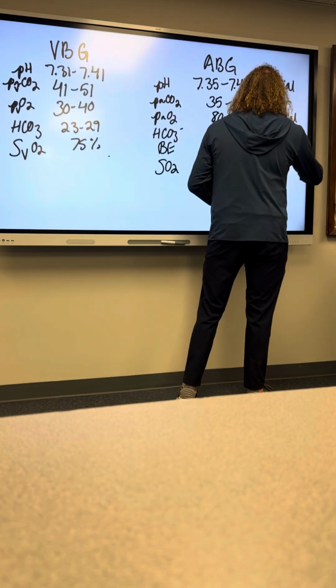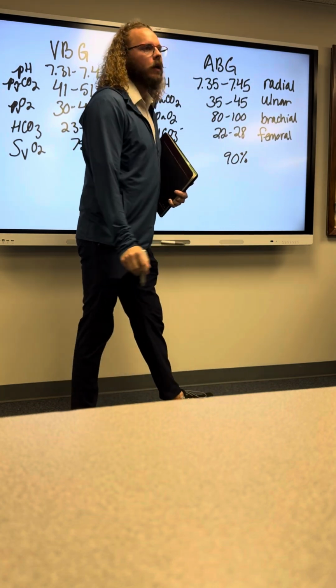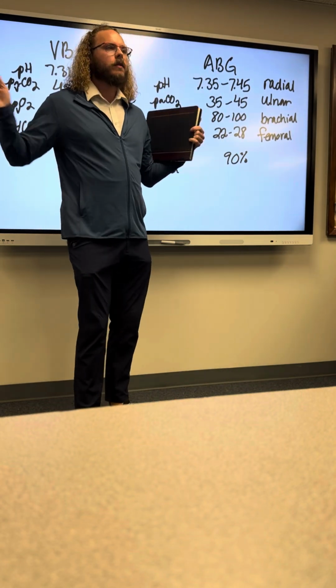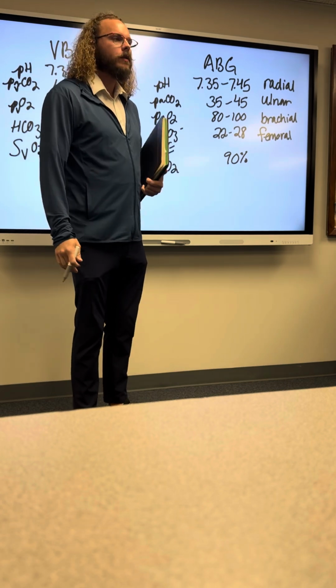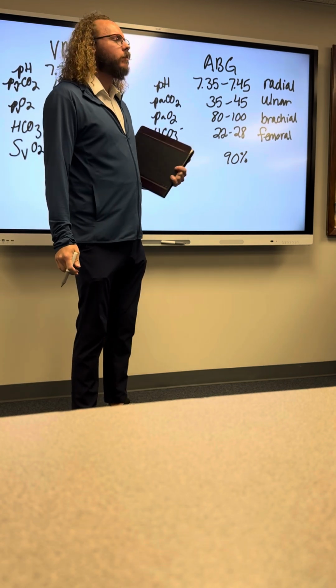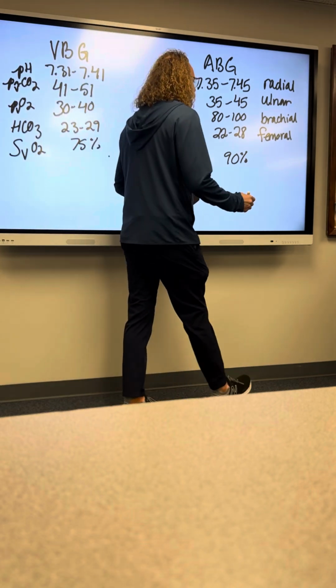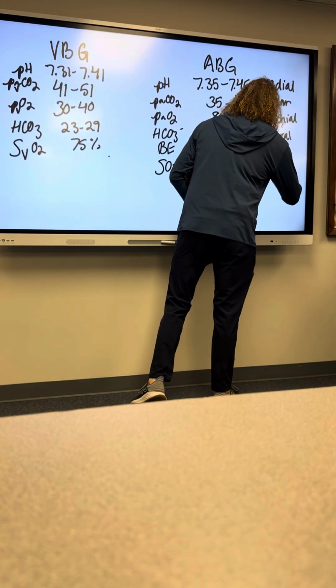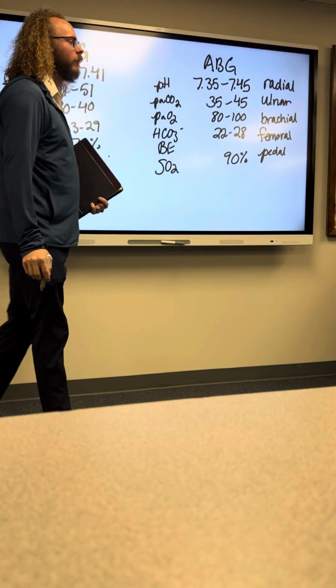I've mainly only ever done these in codes, but in rare cases where you've got limb restrictions on both arms and it just has to be gotten, sometimes you have to go for femoral. Most hospitals don't let you do it, but the occasional one does. And then the very last one is pedal. No, we can't get the carotid. That would be fun though.